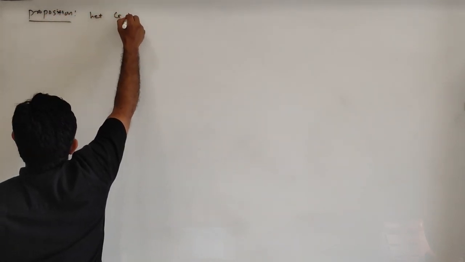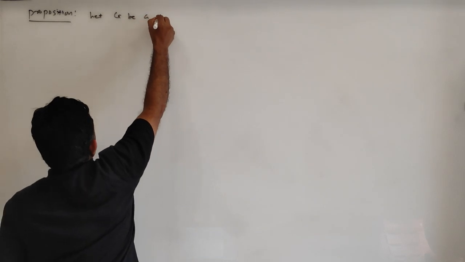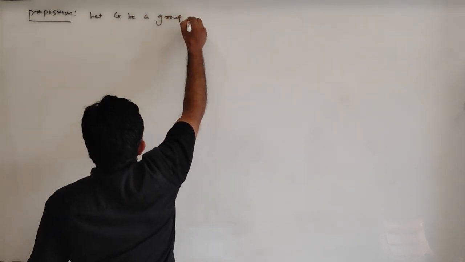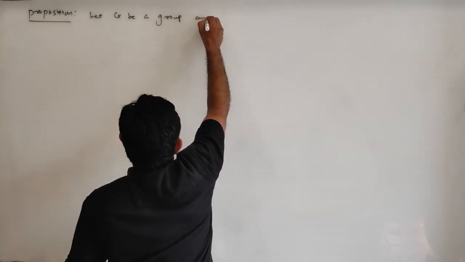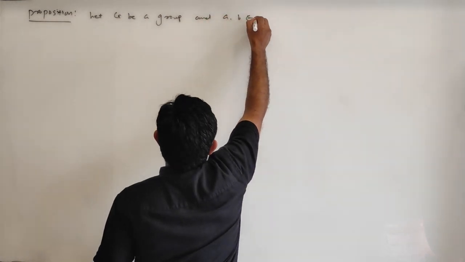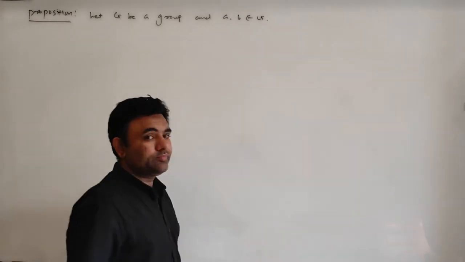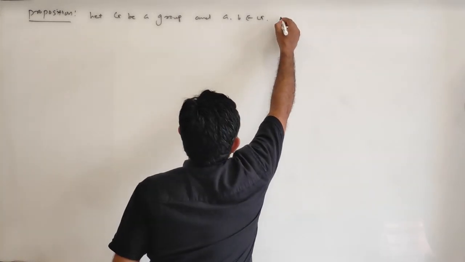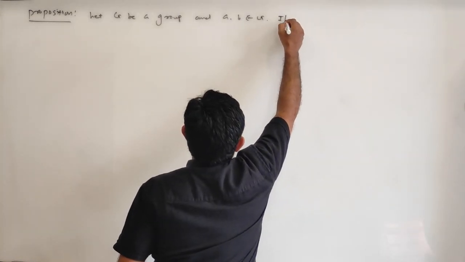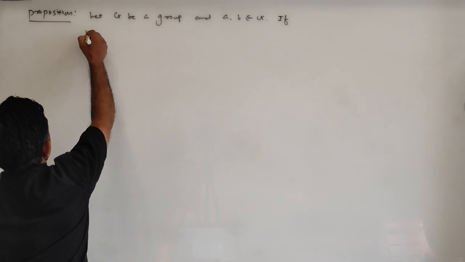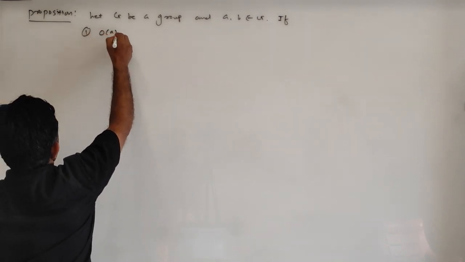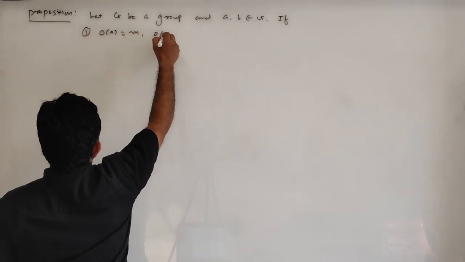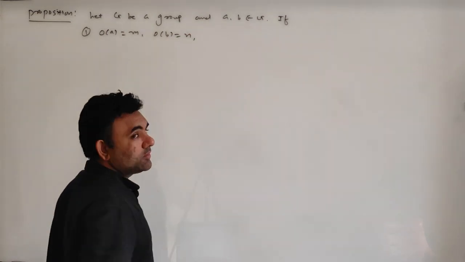Let G be a group and A, B belong to G. If, first condition, order of A is equal to m, order of B is equal to n.